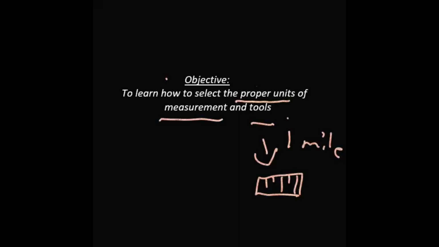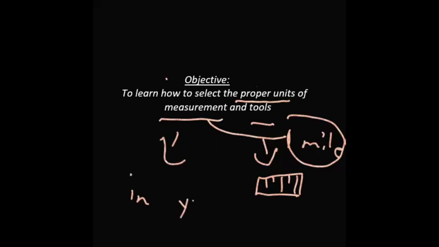Or actually, 1 mile would go into units of measurement, right? And other units of measurement would be like inches, yards, meters, feet and miles, right? So let's just get started.